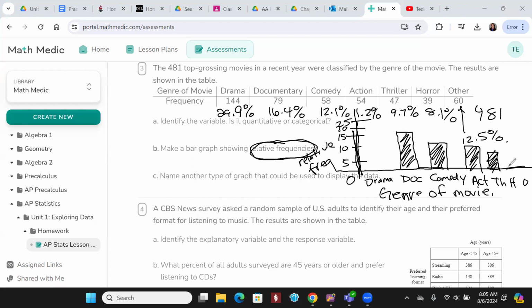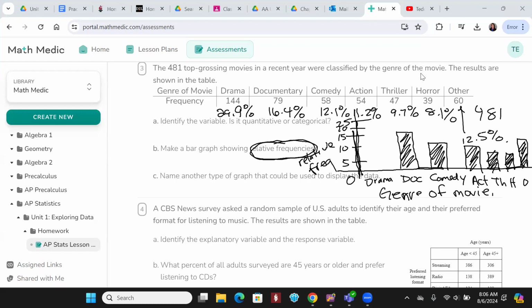Horror, we had 8.1. And other, we had 12.5%. And with drama, we got 30%. I'm not going to draw that out. I feel like you got that.